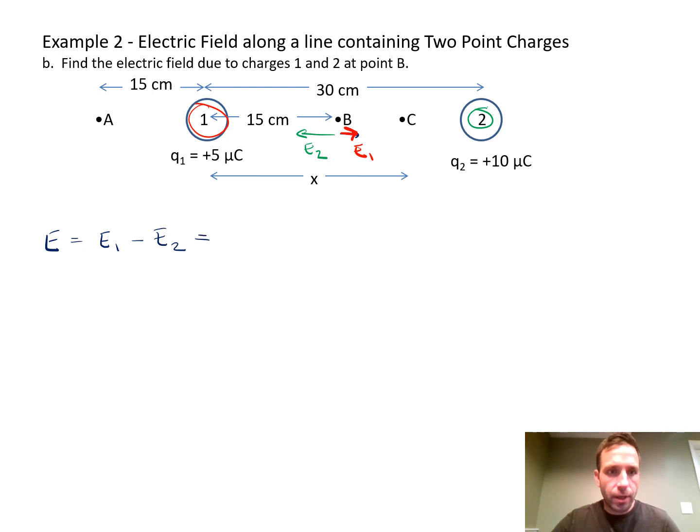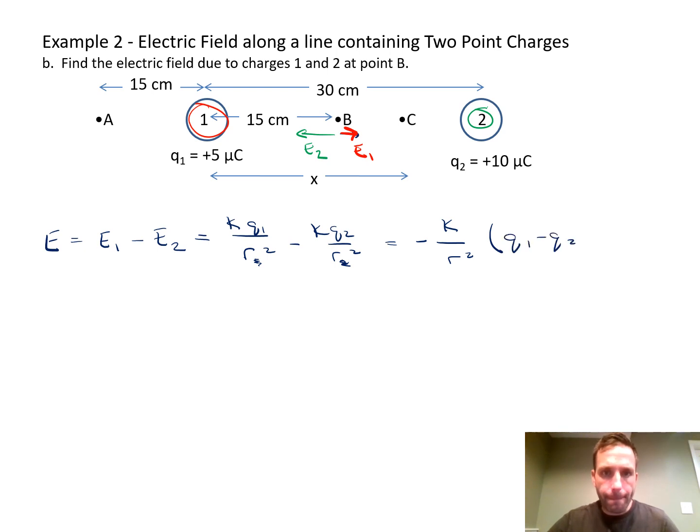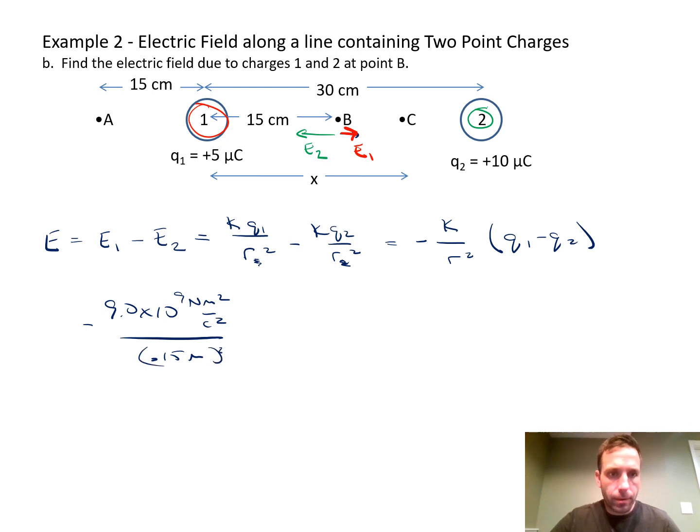to the left. So that's K Q1 over R1 squared minus K Q2 over R2 squared. This time these R's are the same, so I can just drop the subscripts. That allows me to pull out the K and the R squared and the negative sign. Now I'm ready to plug in some numbers. I guess I shouldn't have pulled out a negative sign.